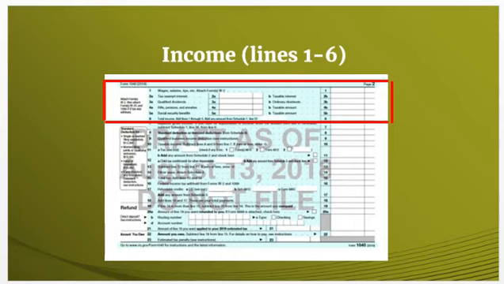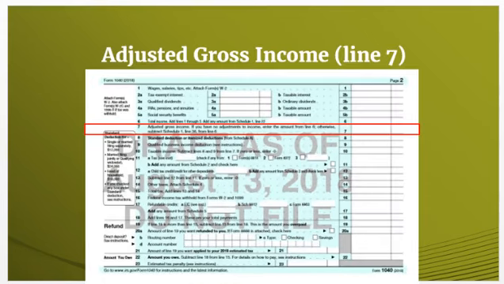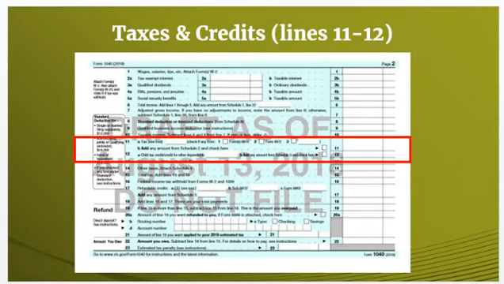And then we head to the calculations on page 2, which I said begins with income. So we find income on lines 1 through 6 of page 2. And then on line 7, we find adjustments to that income. And so that's a calculation that we've done over on a different schedule that we bring back to the page 2 of the 1040.